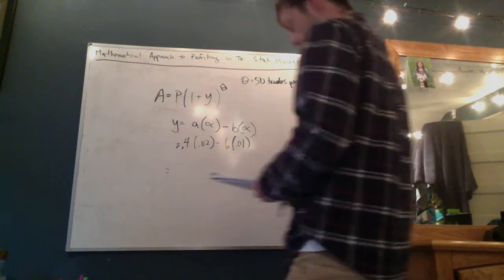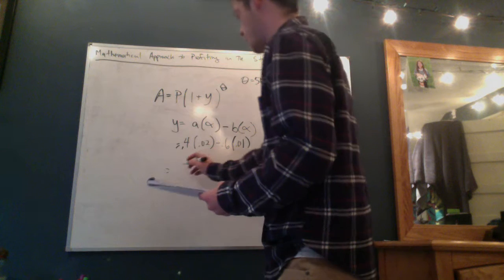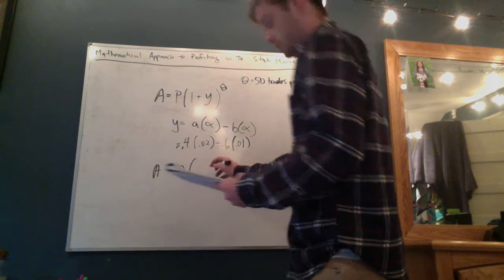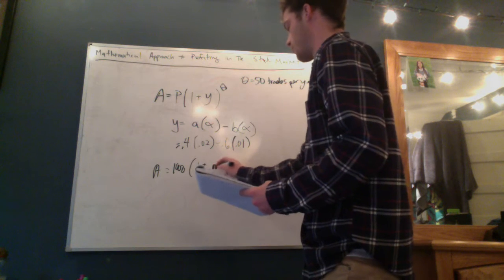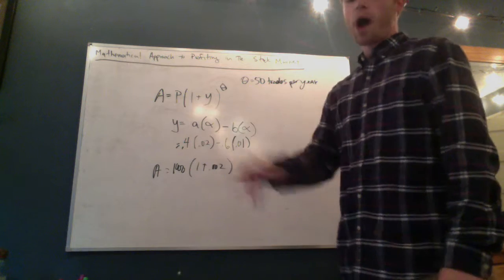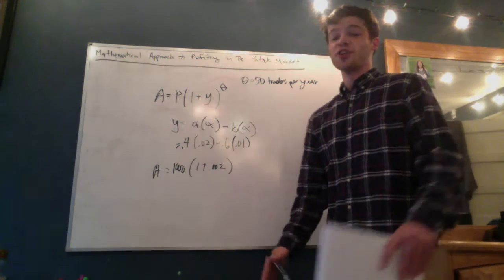If you do out the math here, 1,000 times 1.002, you're still getting a positive. So if you can make Y positive, you're good.